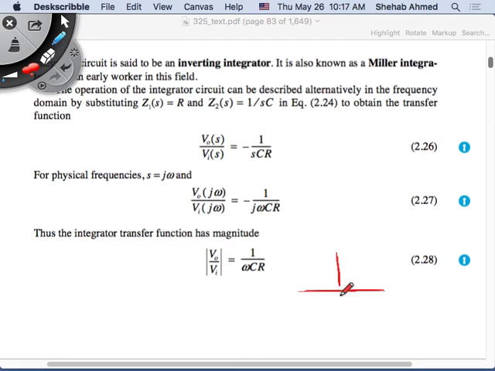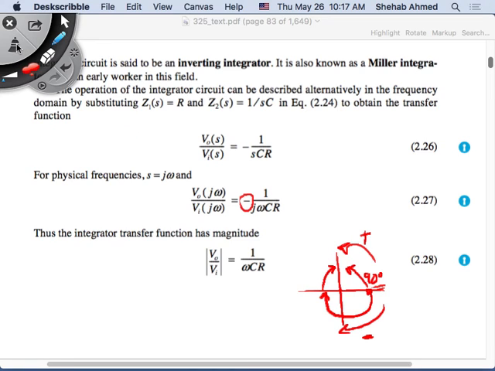Let's assume this rotation is positive and this one is negative. So the negative caused a minus 180 phase shift, and then the 90 from the bottom went to the top with another minus. So it's either minus 270 or plus 90 degrees. The output will be phase shifted by 90 degrees with respect to the input.